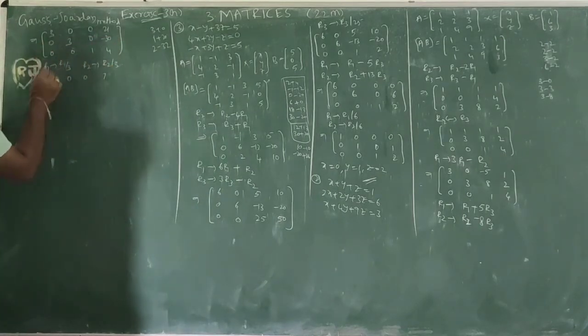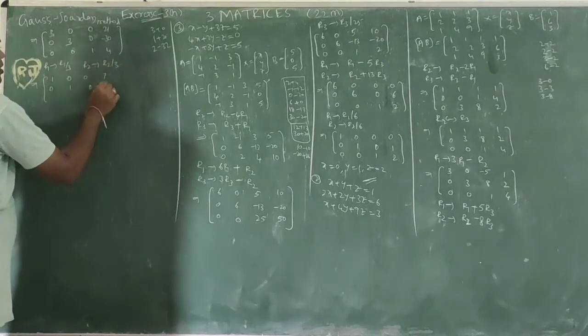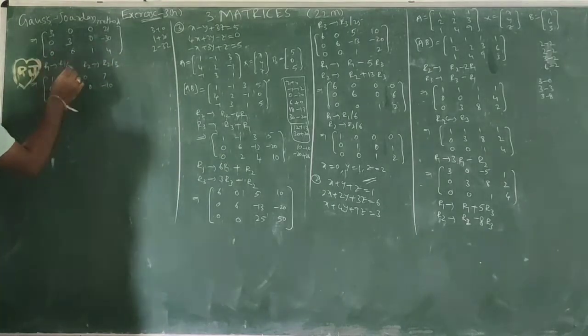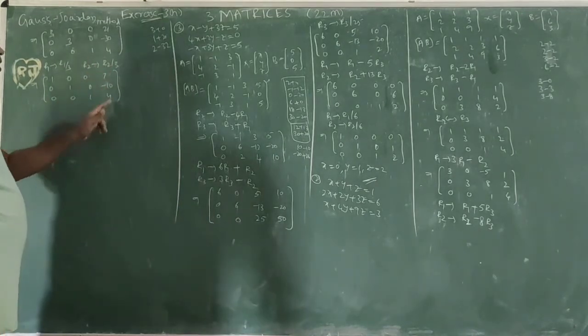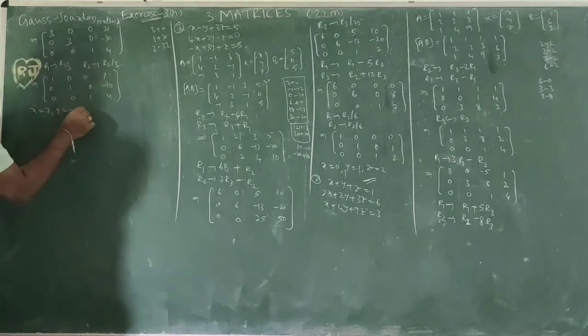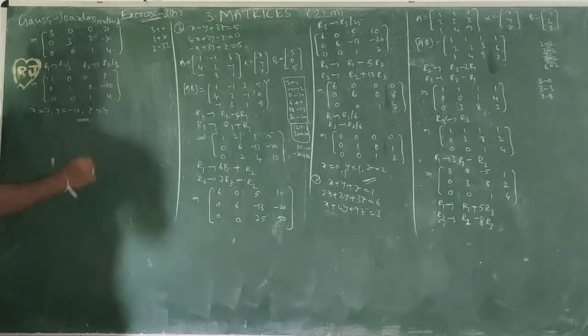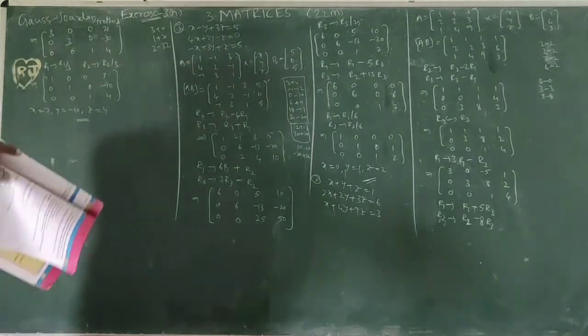This also 3: 0, 3 by 3 is 1, 0, minus 30 by 3 is minus 10. Next 0 0 1 4. So now it is diagonal elements, these are the isolated values: x equal to 7, y equal to minus 10, z equal to 4. This is the solution.